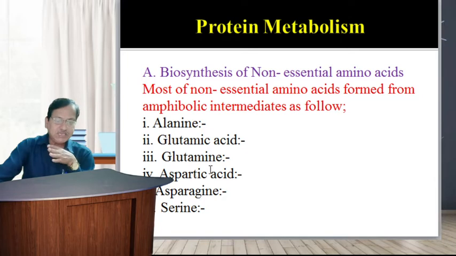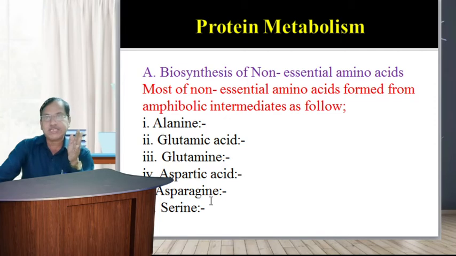This specific reaction is shown in a schematic representation in the notes. Next is aspartic acid, also formed by transamination of oxaloacetate. Asparagine is also synthesized from aspartate by asparagine synthetase. ATP and Mg2+ are also required for these reactions.